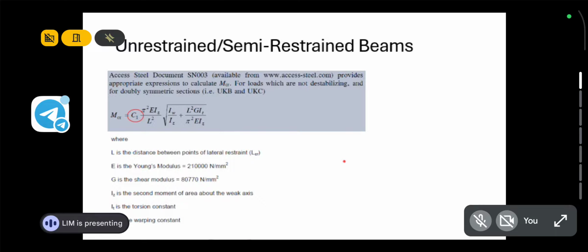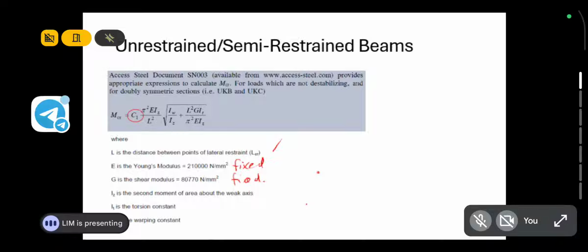Everything we know, most of the things we don't know. L is basically the distance between the point of restraints. E is given, is fixed, 210,000 Newton per mm squared. G is also fixed. Okay, you just use these figures.